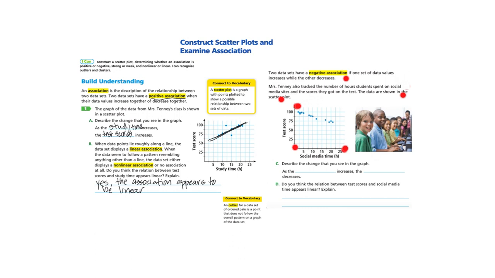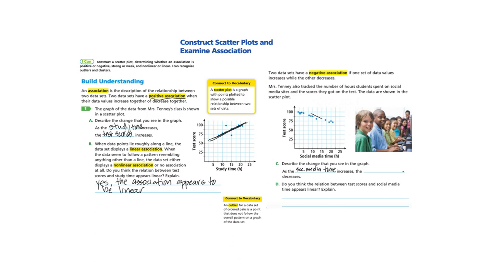So now you can see that as the social media time increases, you can kind of see the test scores are getting lower. The test score decreases, or test scores decrease.